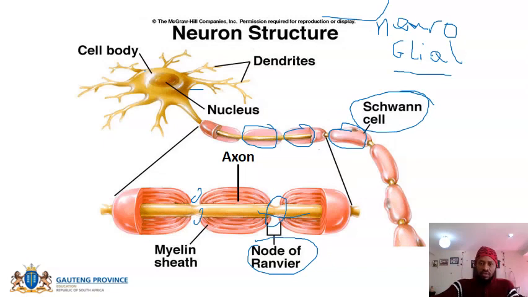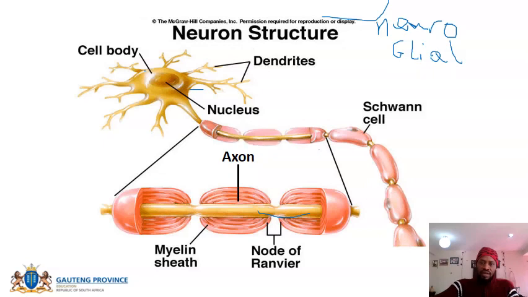Now, these glial cells produce some kind of fatty substance around the axon. This substance that they produce around the axon, which is made up of fat, is what we call myelin.